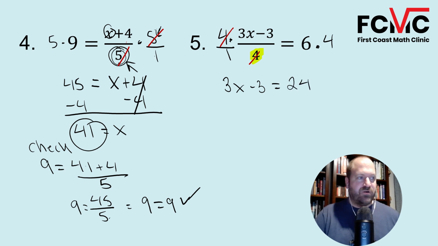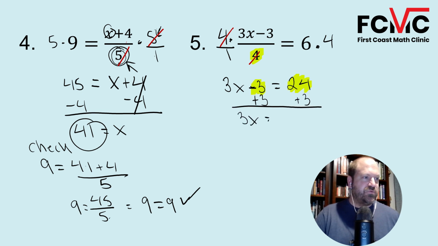Now we're going to solve our multi-step equation, right? We want to combine the like terms across the equal sign. So our like terms here are going to be the minus 3 and the 24. So using inverse operations, let's add the 3, add the 3.